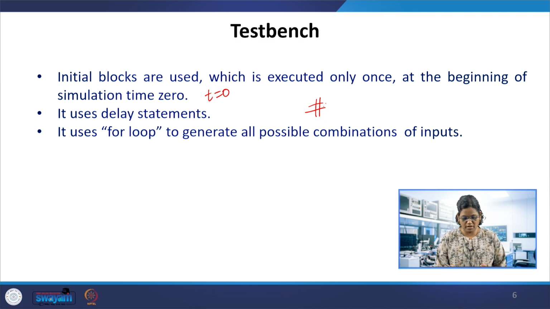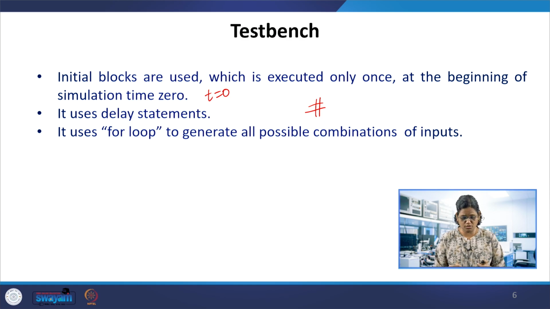The test bench uses a for loop to generate all combinations of inputs. Suppose you have 3 inputs and 1 output, then 8 combinations of inputs need to be generated. For that, a for loop can be used.